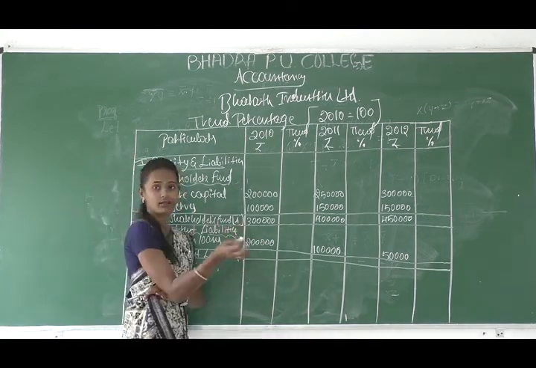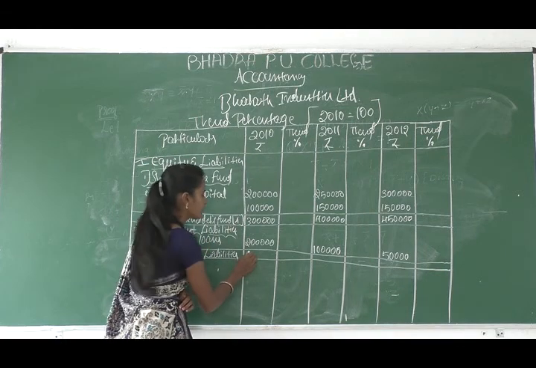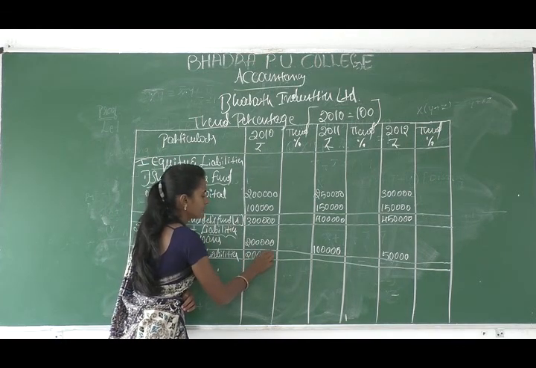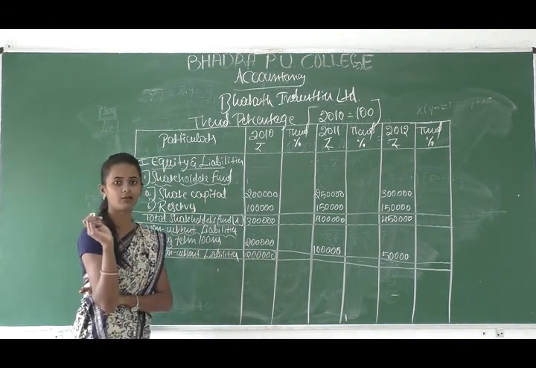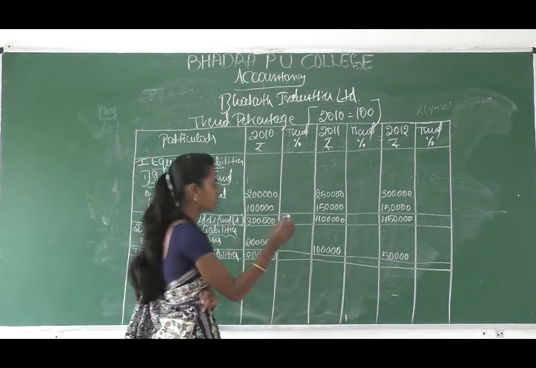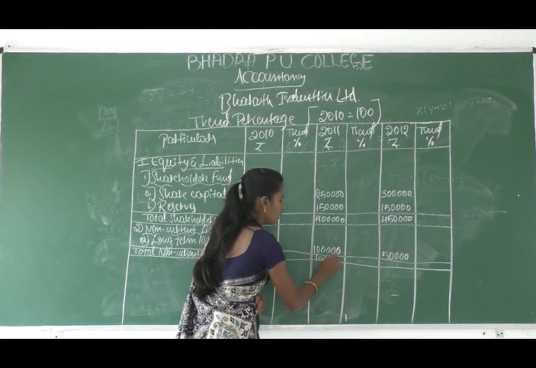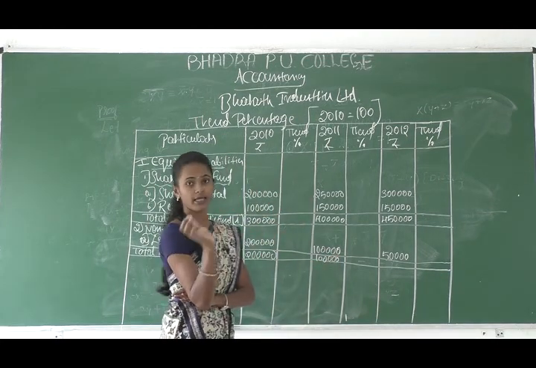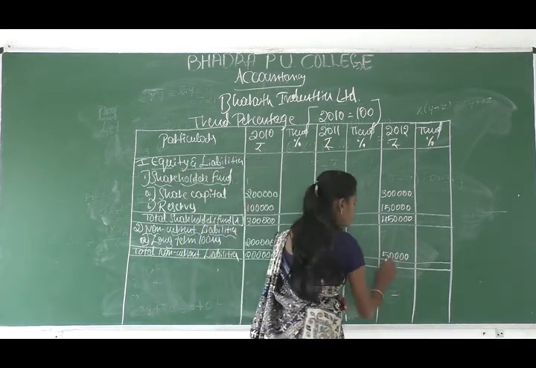Again we will get the same amount as the total because we have only one item in non-current liabilities. That's why in 2010 our total is 2 lakh, in 2011 our total is 1 lakh, and in 2012 again our total is 50,000.